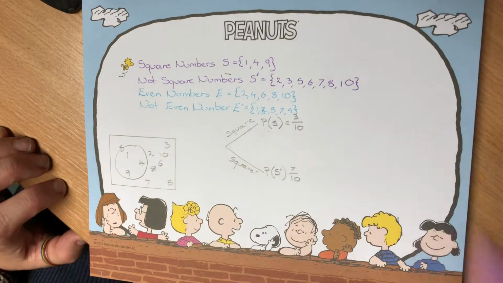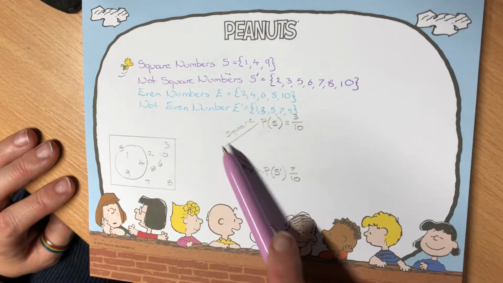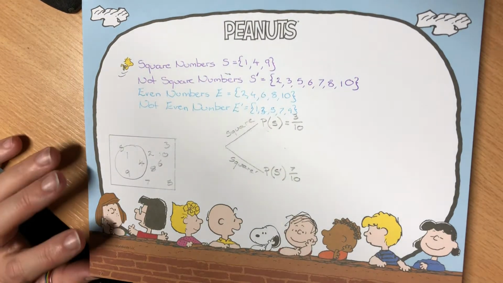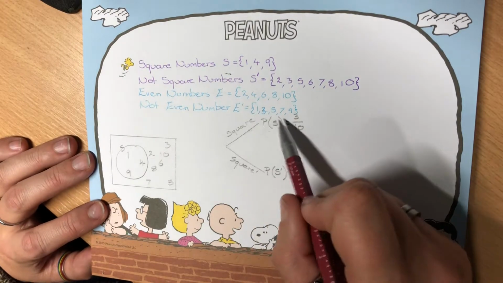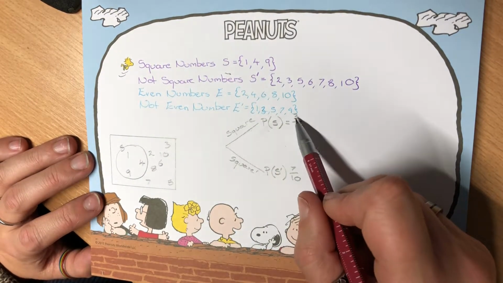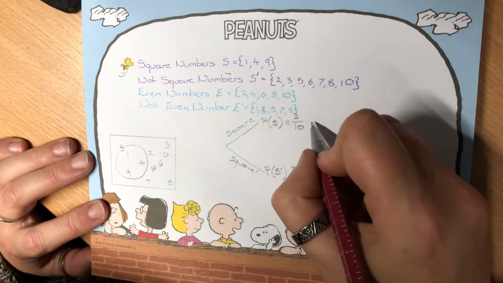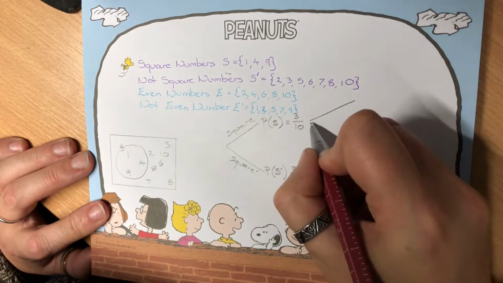So, if we work on the principle of our tree diagram, we're going to look at first off our square numbers. So square numbers, probability of picking a square number is 3 out of 10. Then we're looking at even numbers.